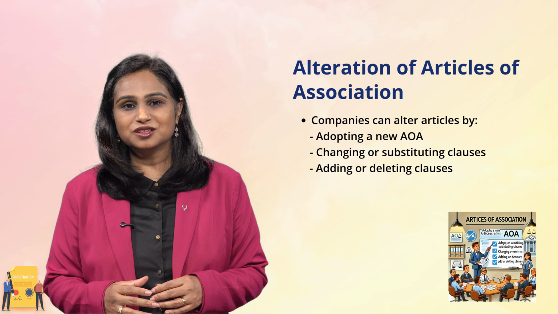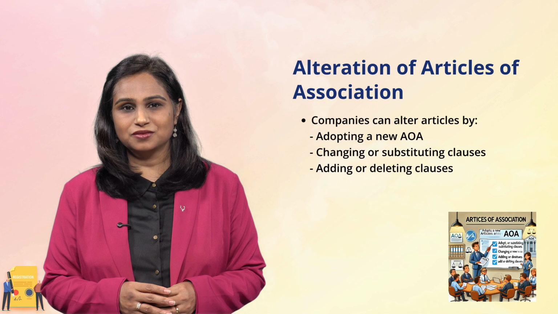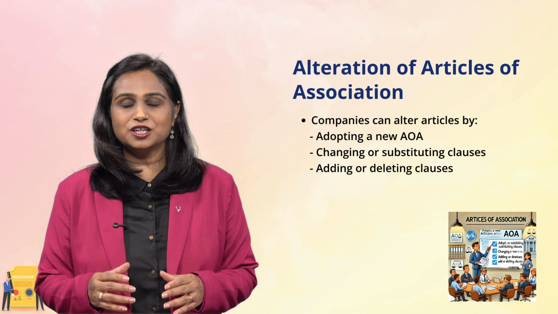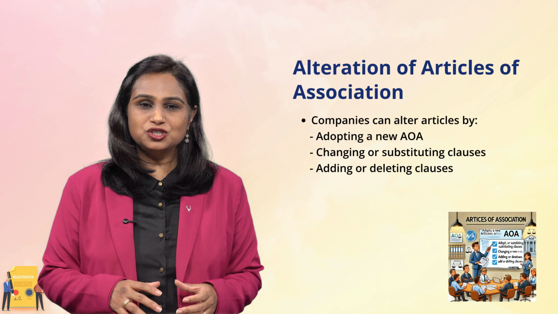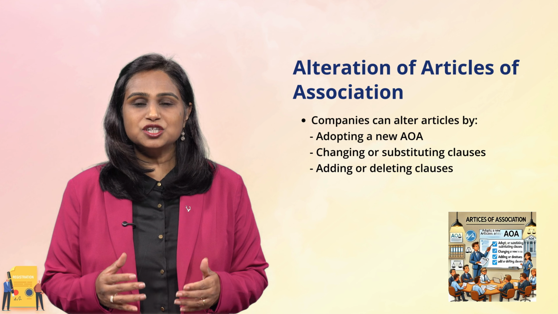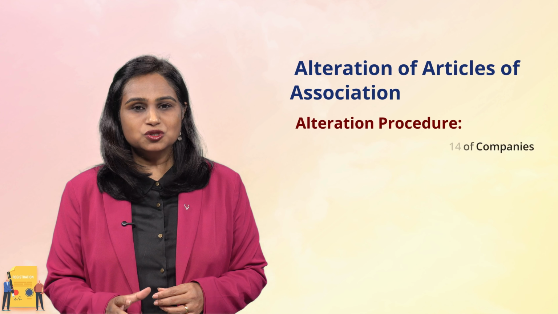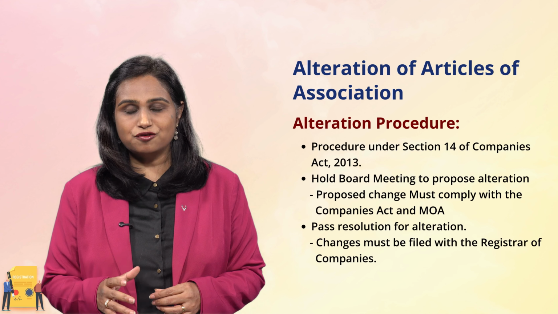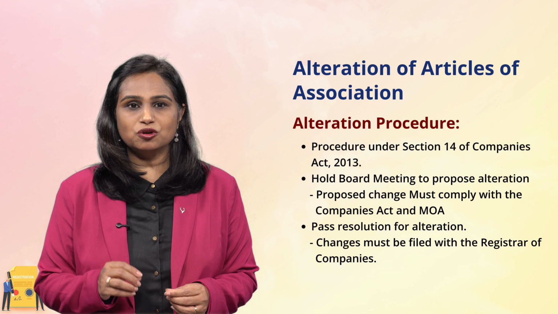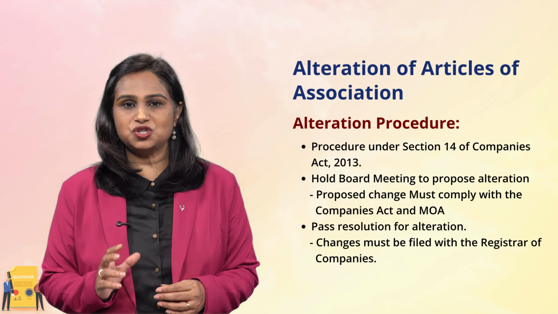Next, we are going to see the process for alteration of articles of association for a company. The companies can alter their articles by adopting a new article of association or by changing or by substituting an existing clause or even by deleting or adding a new clause to the articles of association. The procedure for alteration of article is defined in section 14, which starts by holding a meeting of the board of directors with an agenda for altering the articles of association.